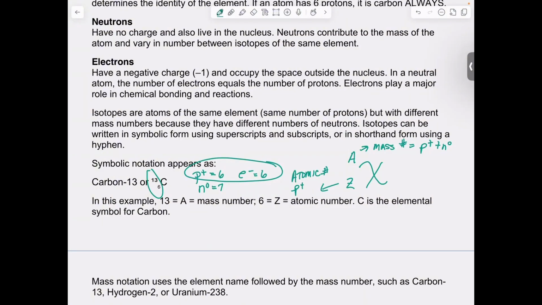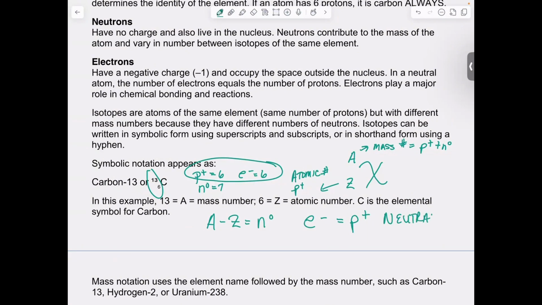Just remember, mass is contributed by the protons and the neutrons in the nucleus. So it's intuitive that you're just adding protons and neutrons together. And then your atomic number, the number below, simply symbolizes the number of protons. From there, if you take A minus Z, you'll get the number of neutrons, and electrons always equal protons, as long as it's neutral.